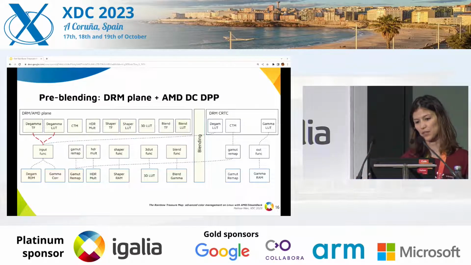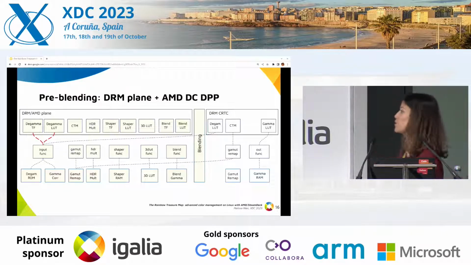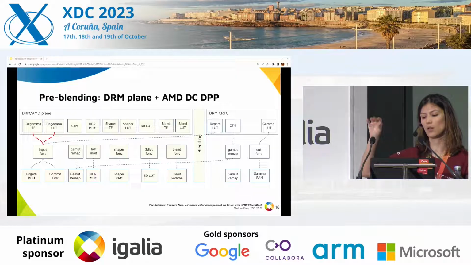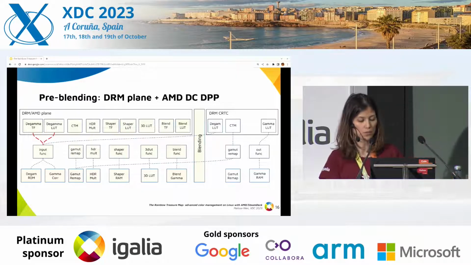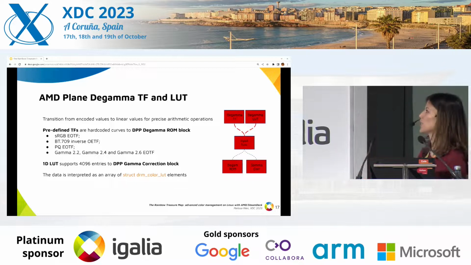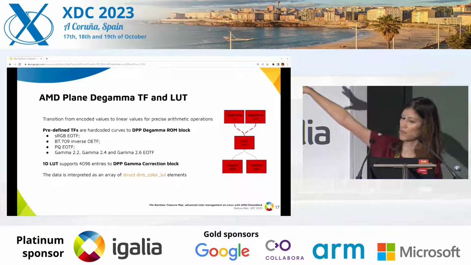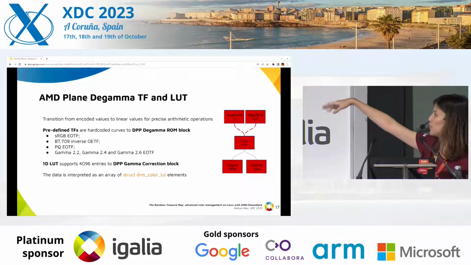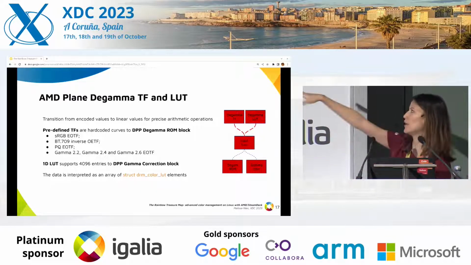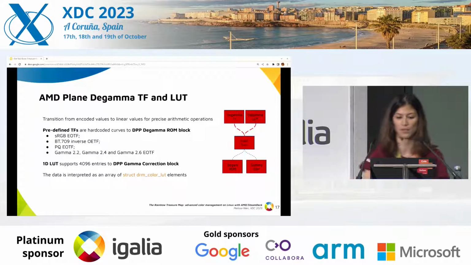It was our first driver-specific property before blending. It's used to linearize the color space from encoded values to light linear values. Here we can use a predefined transfer function and also a user lookup table. I will call them TF and LUT from now.